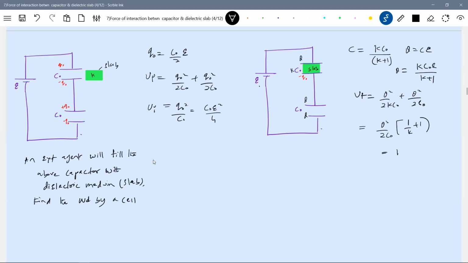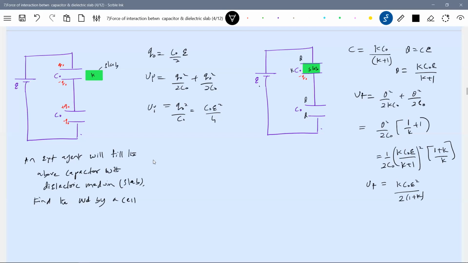Q square value, (K C naught E by K plus 1) whole square, divided by 2 C naught times (1 plus K) by K. One K gets cancelled, and one C naught also gets cancelled. So the final energy is C naught E square by 2 times (1 plus K). Look at the final energy: does it increase or decrease?